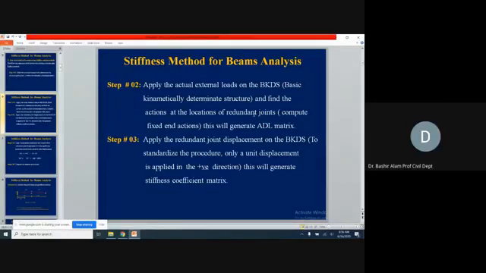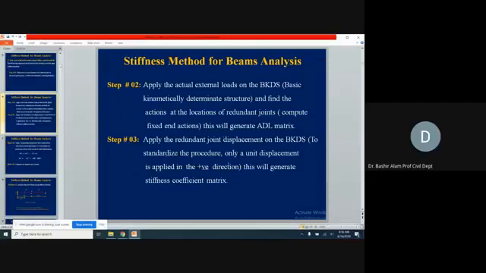Why? Because AD corresponds to the unknown joint displacements, as well as ADL also corresponds to the unknown joint displacements. So now we have completed the AD matrix in step number 1 and the ADL matrix in step number 2.